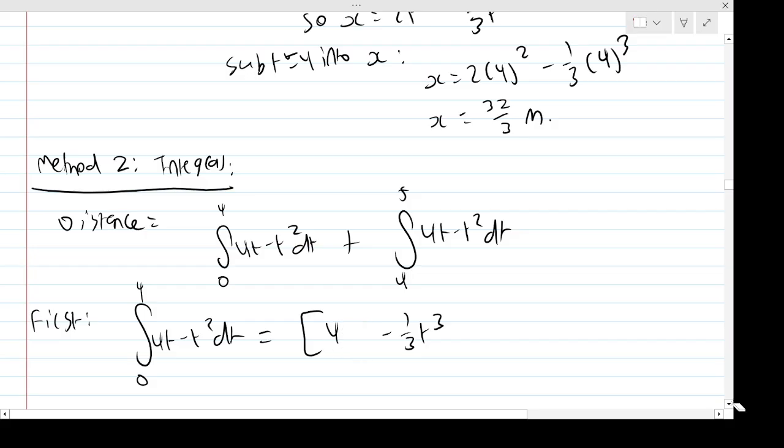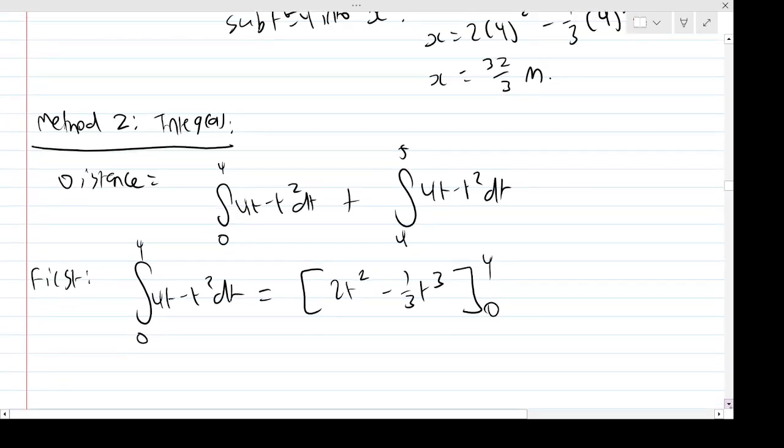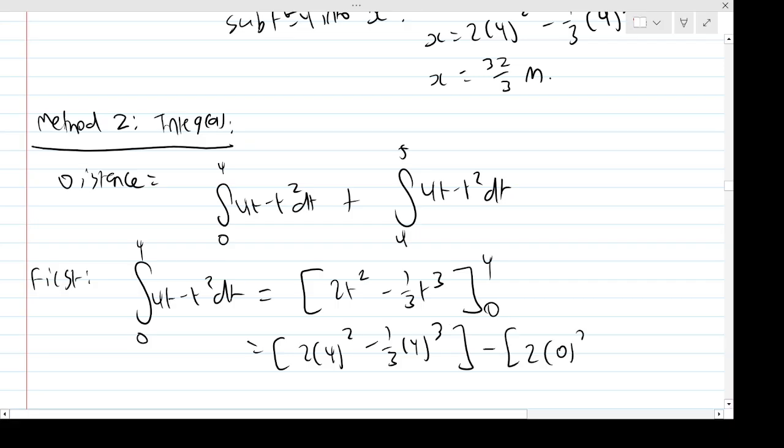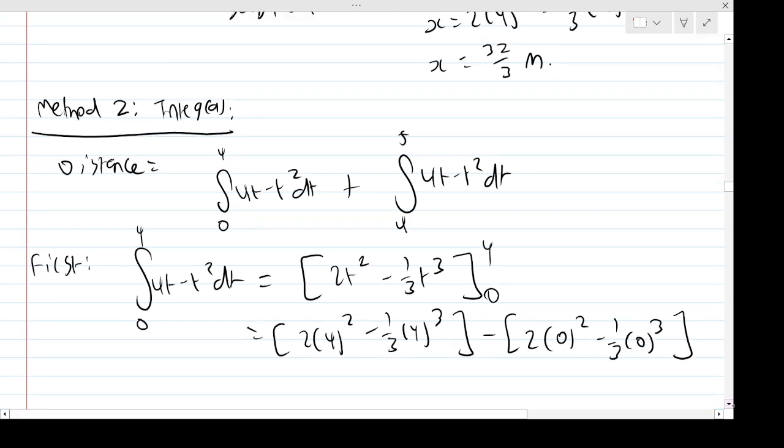So that'd be 2t squared take away a third t cubed between 4 and 0. So if we sub the limits in there, that'd be 2 lots of 4 squared minus a third lots of 4 cubed. Then take away when I plug in 0. So 2 lots of 0 squared minus a third lots of 0 cubed. Well, actually, this is quite nice because this would all go to 0, right? The second part.